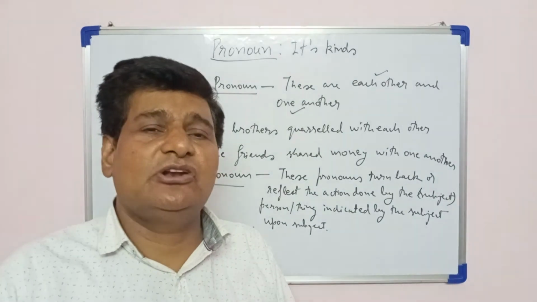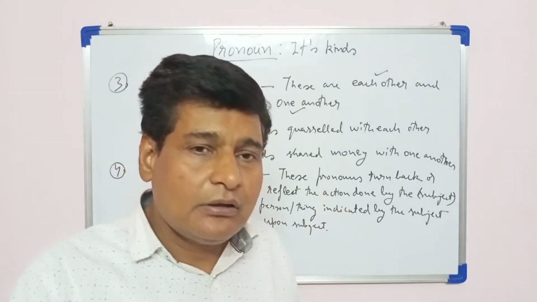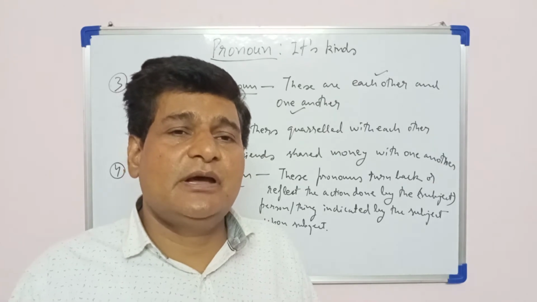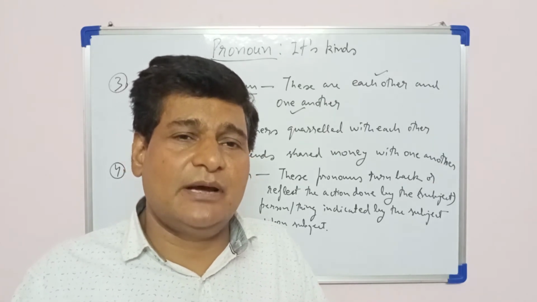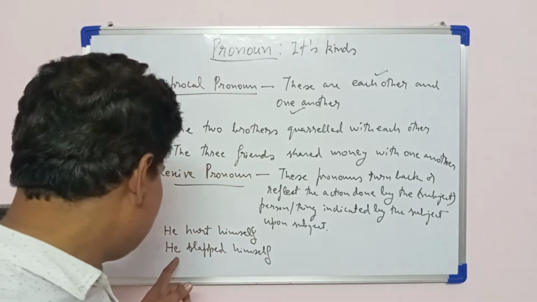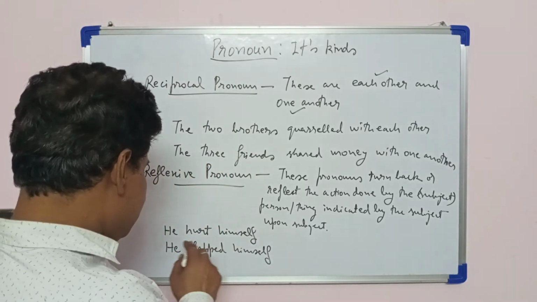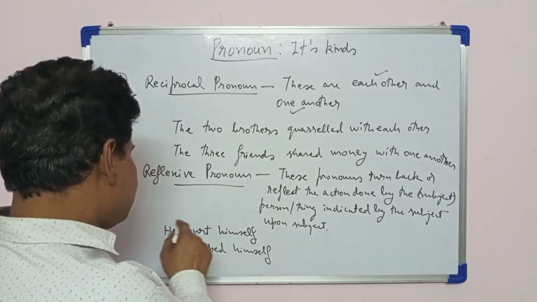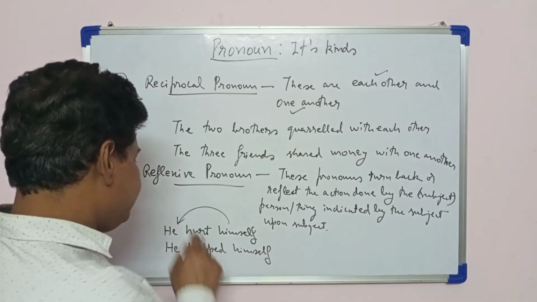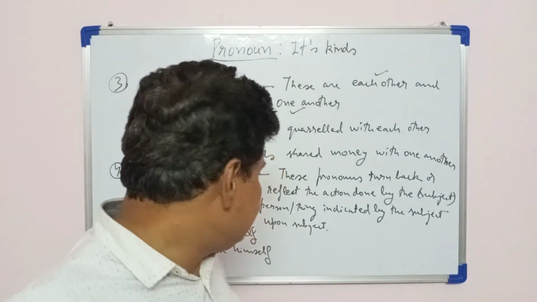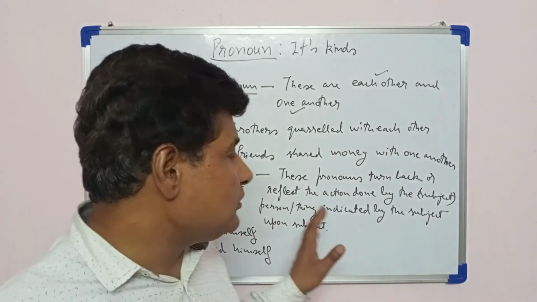The action done by the person or the thing that is indicated by the subject of the verb is reflected upon the subject itself. Here you can see he hurt himself. So the action is reflected back to the subject. This happens in reflexive pronoun.